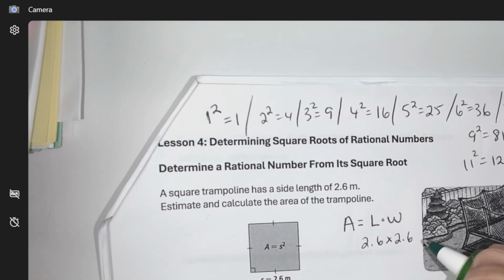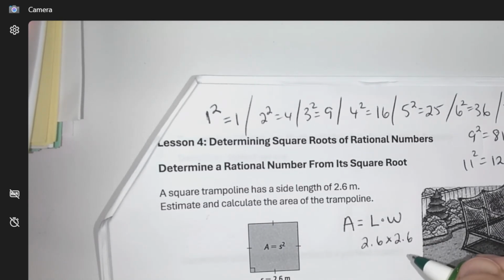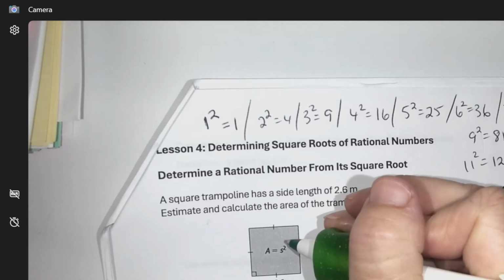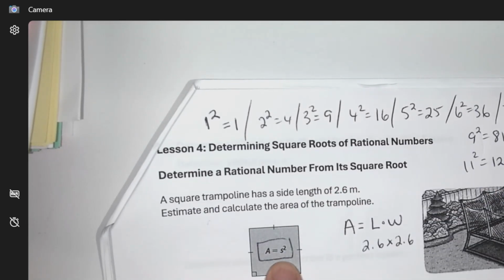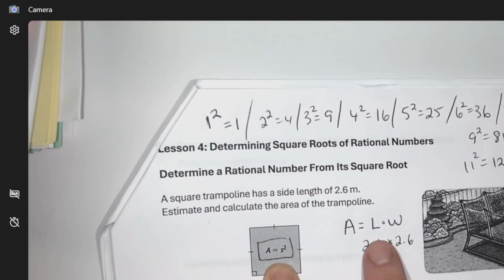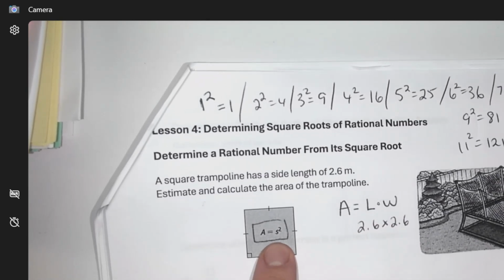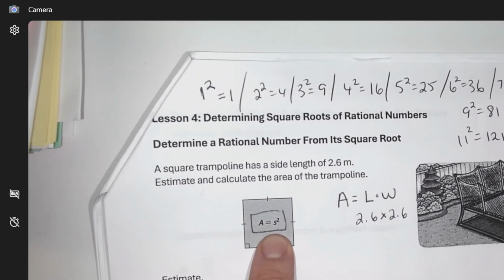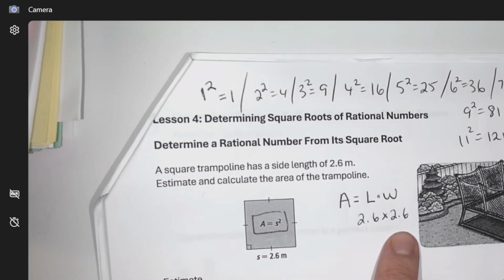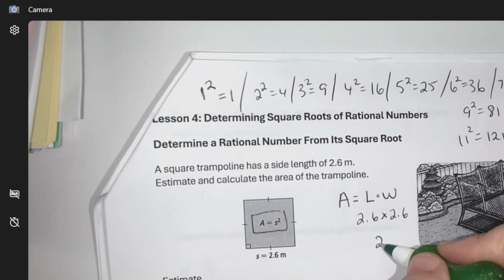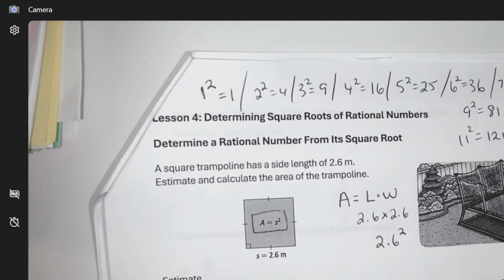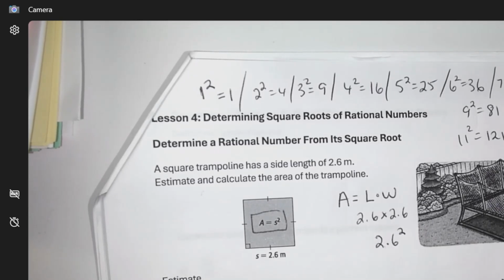So specifically on a square, we are actually just taking the length of the side and squaring it. It's the same meaning: length times width, the same number times the same number. That's the same process as just saying on a square, you're just squaring the side. So this and this, that's the same thing.